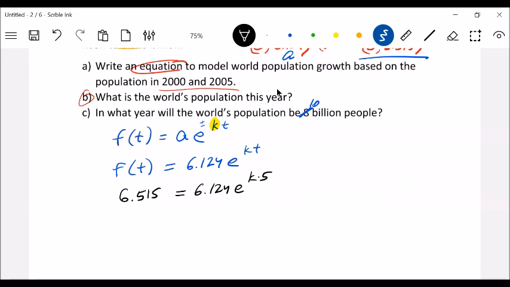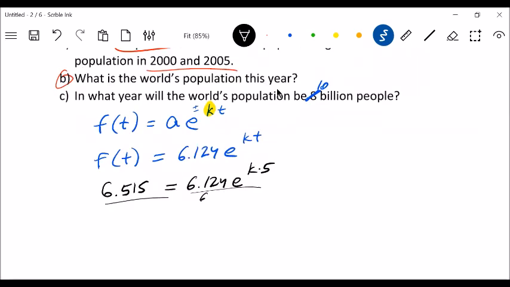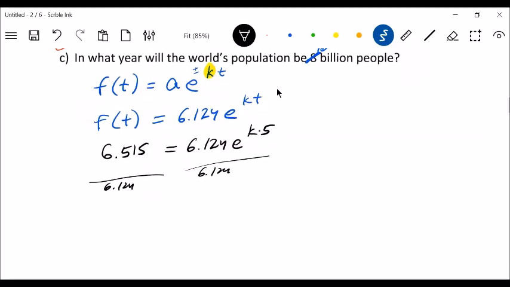So now, dividing by 6.124 on both sides gives me the number 1.0638, going 4 decimal places, is approximately equal to e to the 5k.